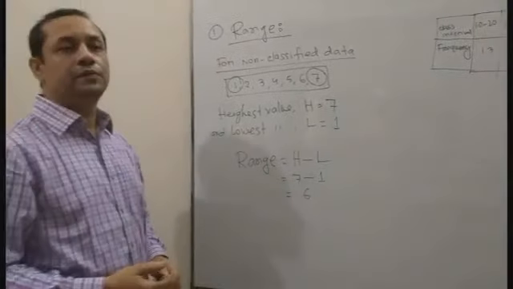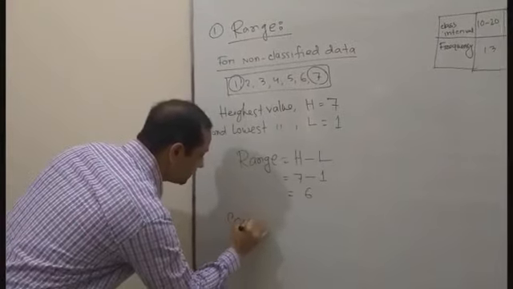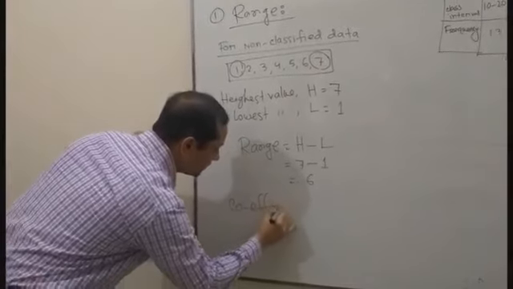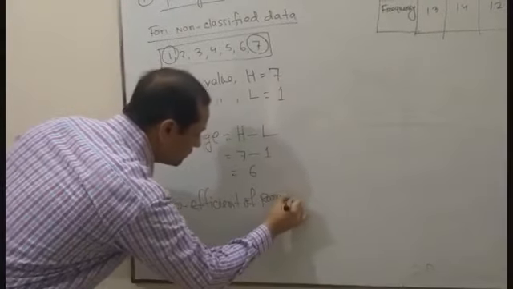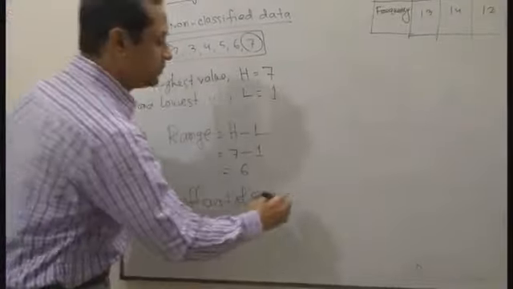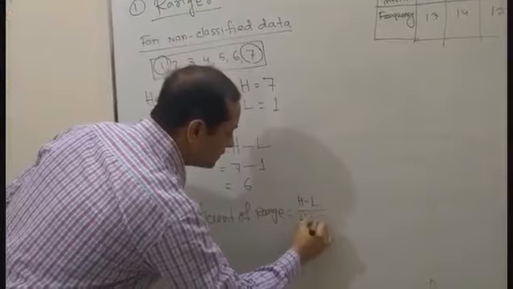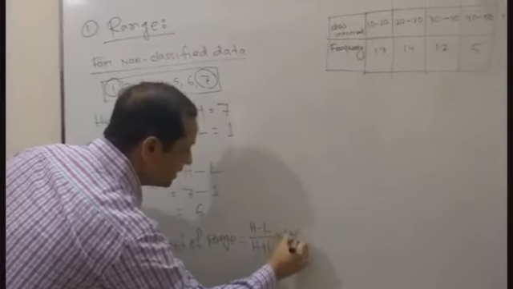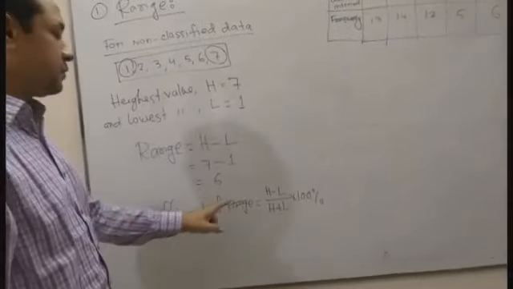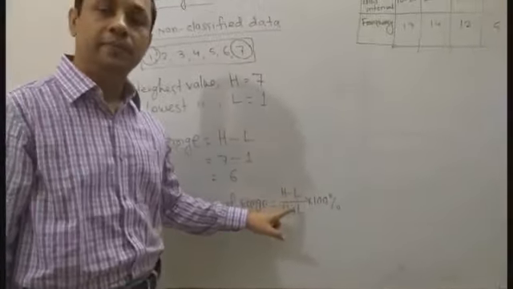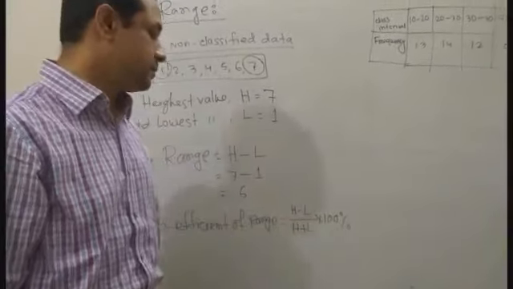Now find the value of the coefficient of range. We know that coefficient of range equals highest value minus lowest value by highest value plus lowest value, into 100%.